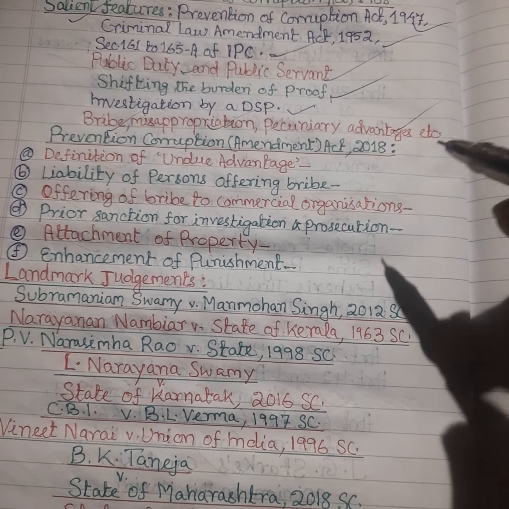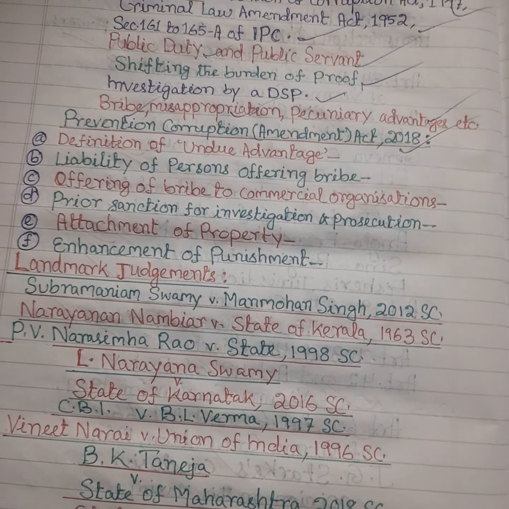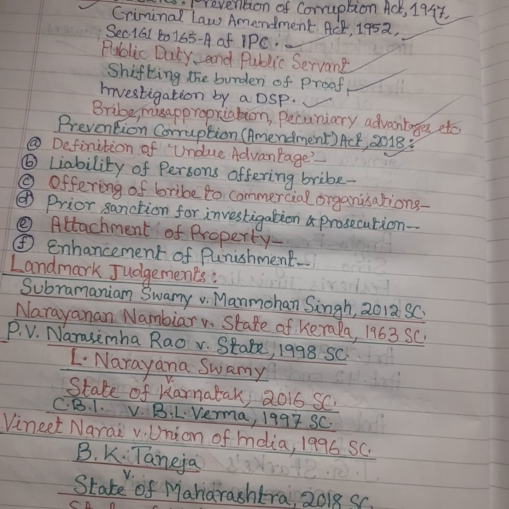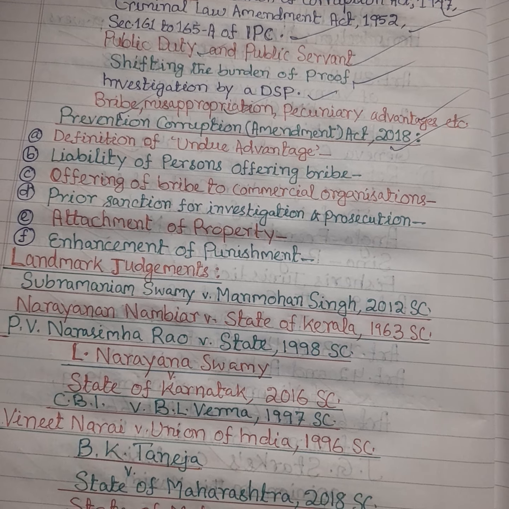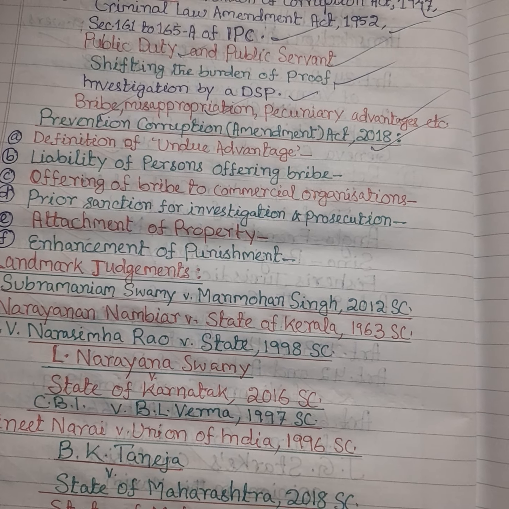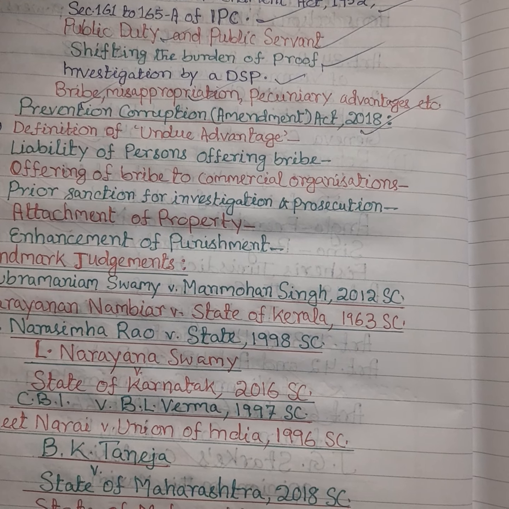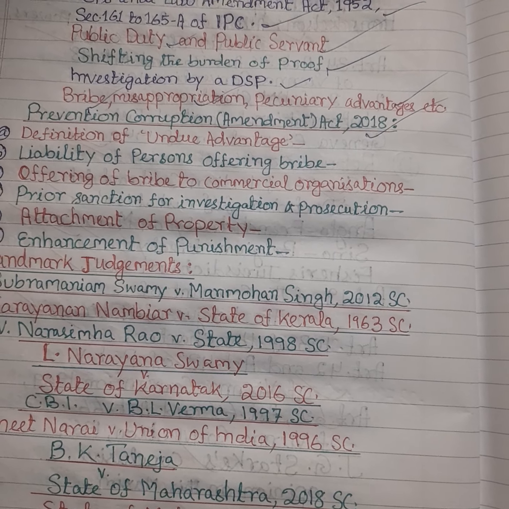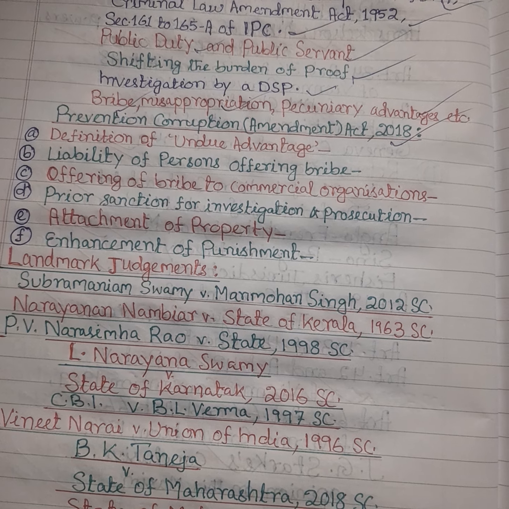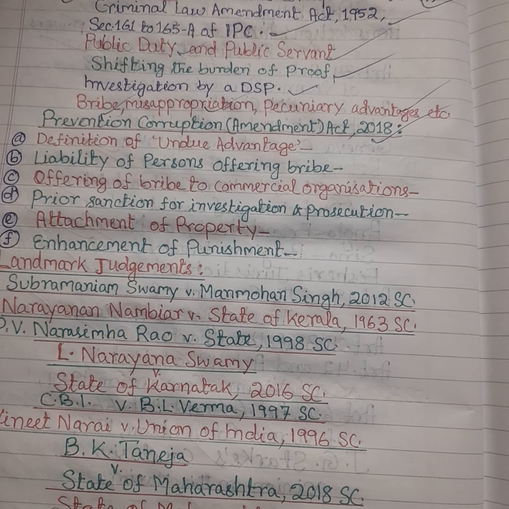So, the Prevention of Corruption Act of 1988 was amended in 2018. The 2018 amendment attempted to bring the Prevention of Corruption Act of 1988 in line with the United Nations Convention Against Corruption of 2005, which was ratified by India in 2011.